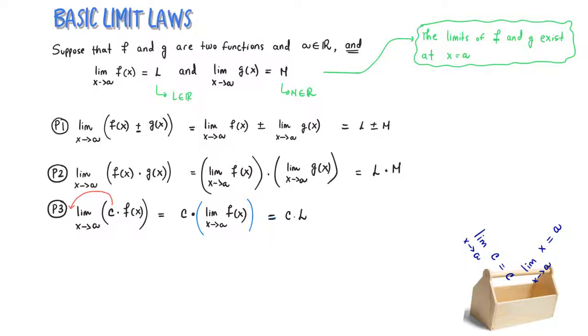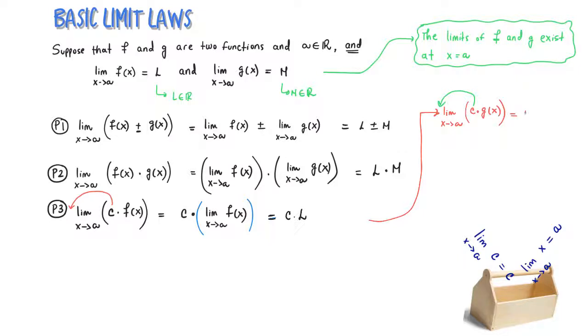We can follow a similar analysis with g of x. Let me do it here on the side. If I consider the limit as x approaches a of c times g of x, the property says that I can take this c right here and put it in front of the limit.